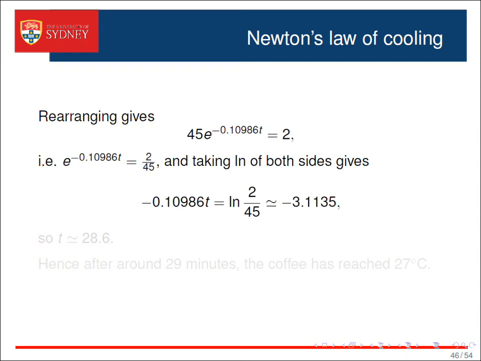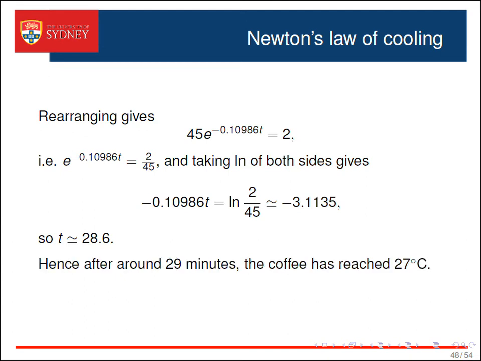We can then cancel out the exponential on the left-hand side by taking natural logs of both sides. t is therefore 28.6. This means that it takes around 28.6 minutes for the coffee to cool to 27 degrees.